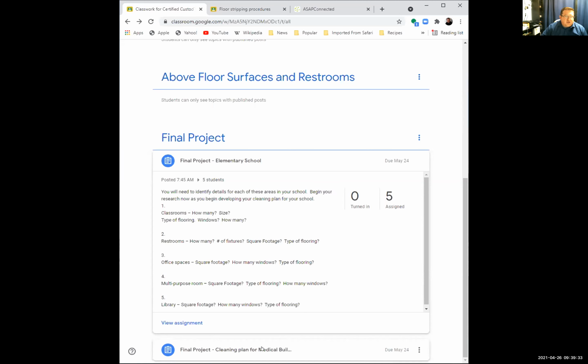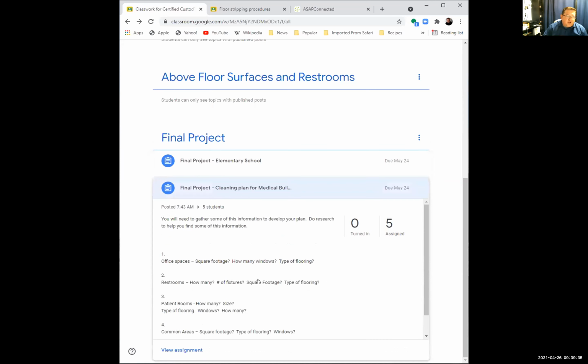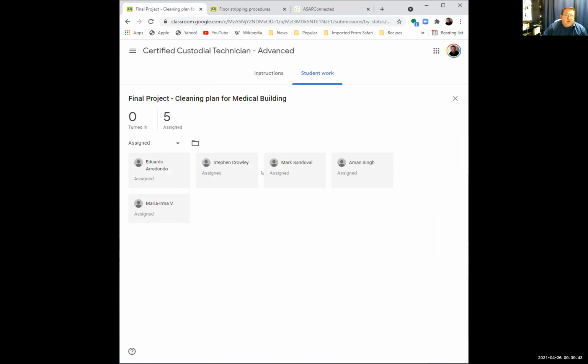Now, the next group is cleaning a medical building. In this case, our group is Amon, Stephen, Mark, Eduardo, and Maria. You actually have an advantage for cleaning a medical building. The roles are a little bit reversed here.